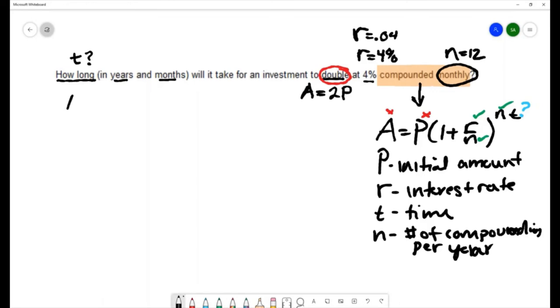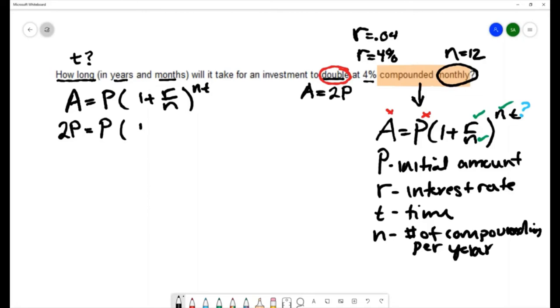Once again, I'll start with my formula, and I'm going to substitute everything I know into it. I'm going to substitute for A that relationship of 2P. P stays P. R is 0.04. N is 12. N is 12. And T is my unknown. Let me simplify what's inside the parentheses there.